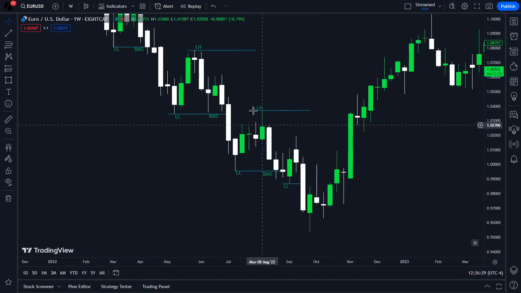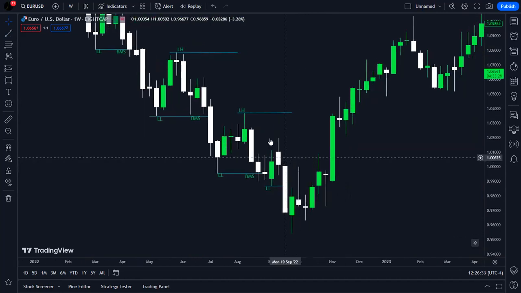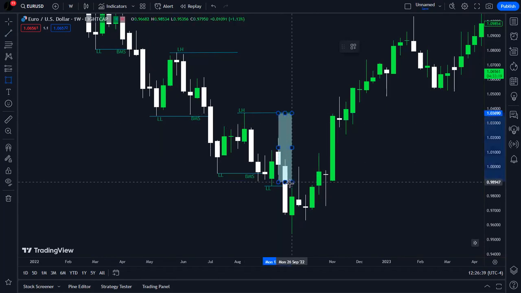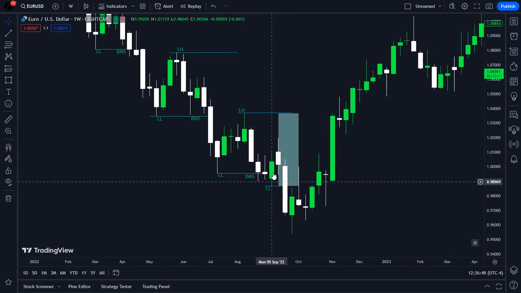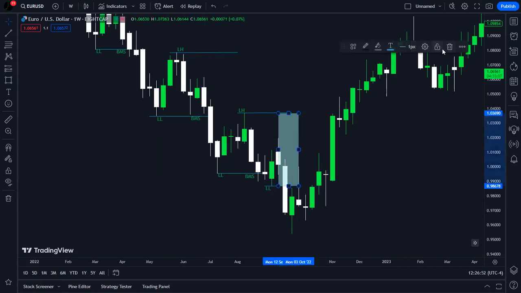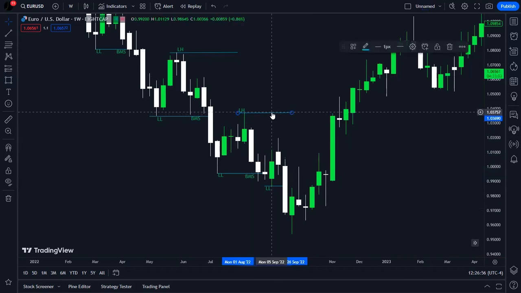This is our current dealing range, this lower high, this lower low down there. We expect a retracement within the current dealing range. This is the retracement with a new lower high. So the new lower high was created up here.